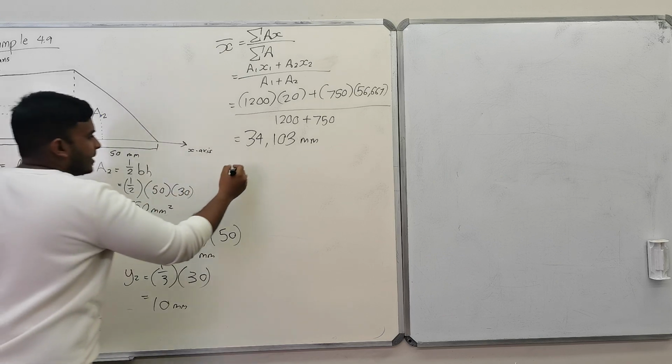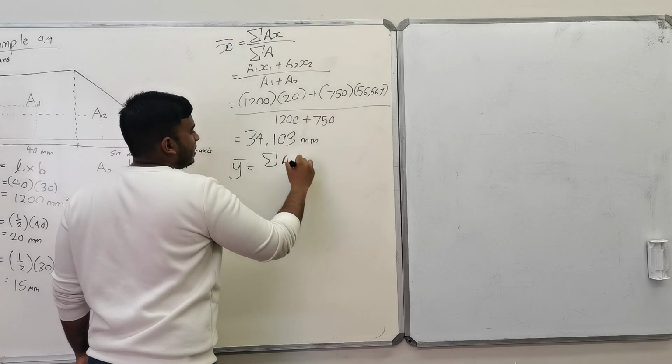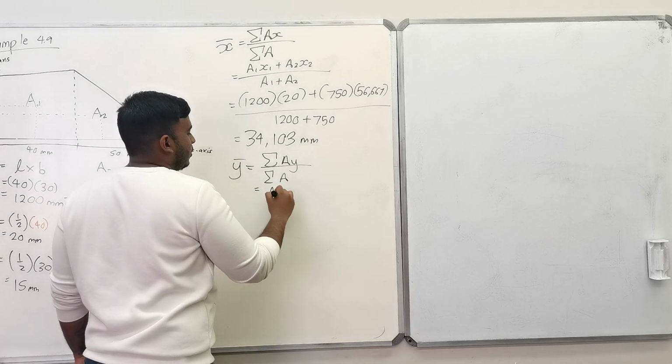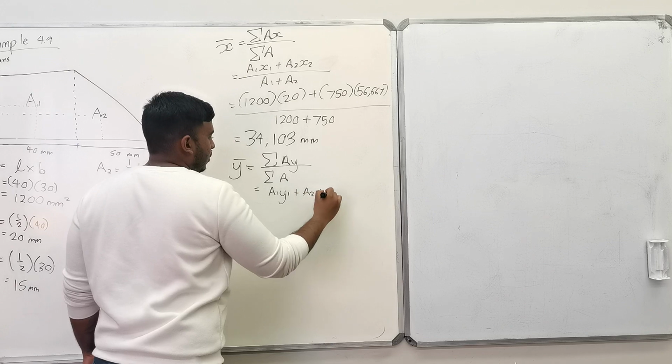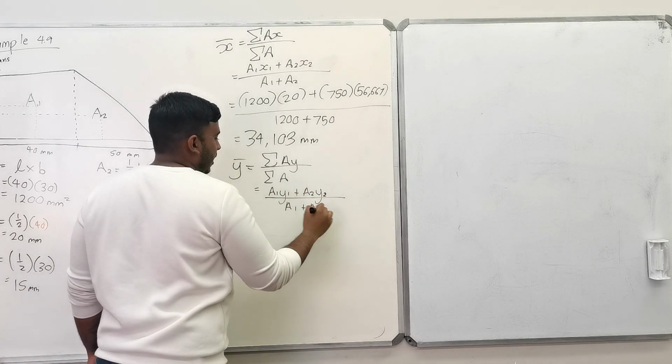Now for your y center point. This will be equal to the sum of the areas times the y values, all over the sum of the areas. This would be equal to A1 y1 plus A2 y2, all over A1 plus A2.